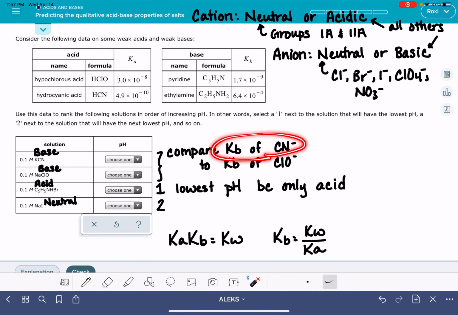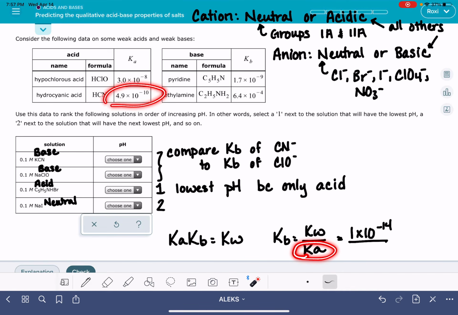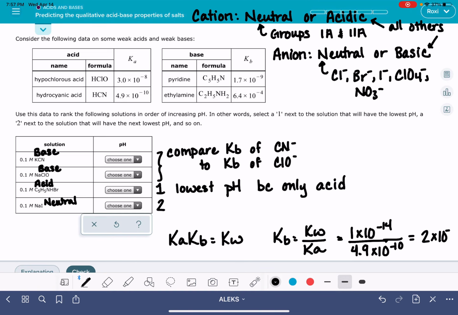So for the cyanide, we are going to take the Kw, which is 1 times 10 to the minus 14, that's a constant, and we're going to divide it by the Ka of HCN, 4.9 times 10 to the minus 10. That gives a value of 2 times 10 to the minus 5.